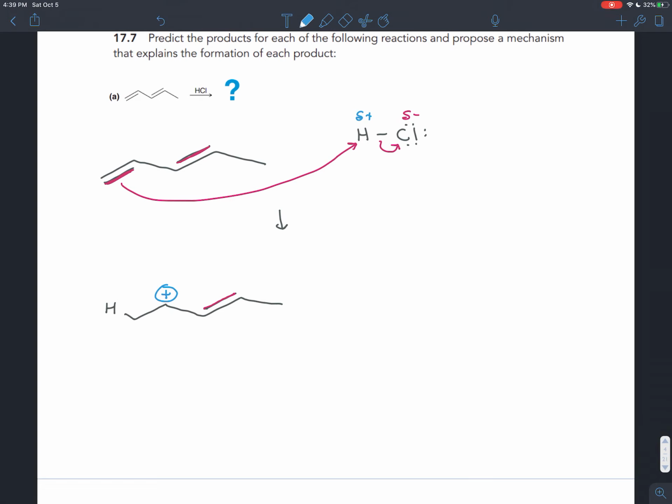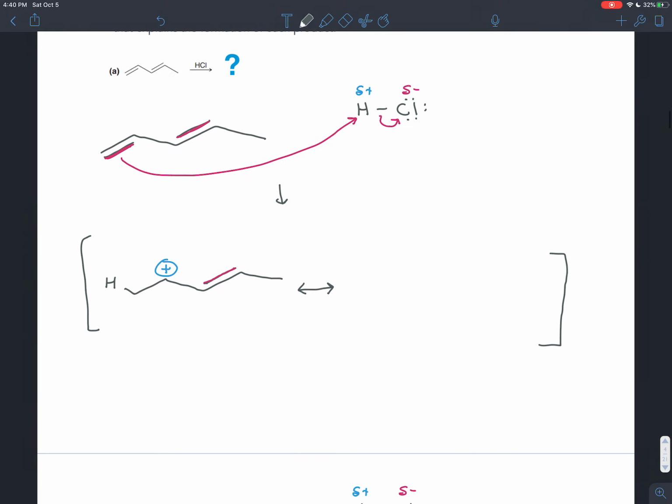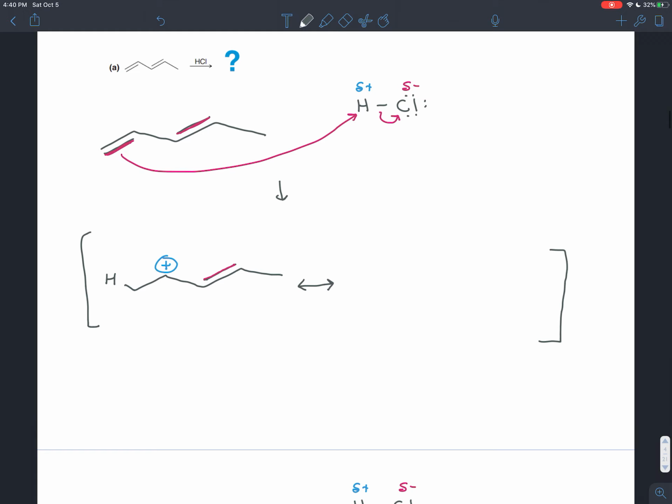Now that carbocation is allylic to the pi bond, and so it's going to have a resonance form. So whenever you draw those resonance structures, you draw brackets that warn people that neither of those structures is true. The true structure is the average of the two, so you draw that special resonance arrow with one line and 2 heads that tells you, take the average, neither of the structures drawn ever exists, only the average ever exists.